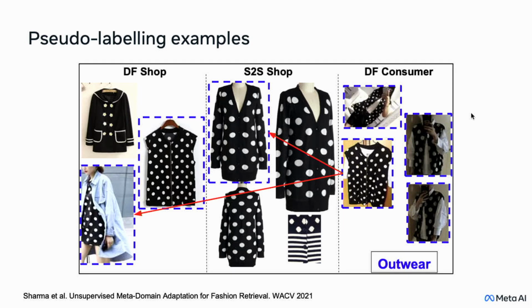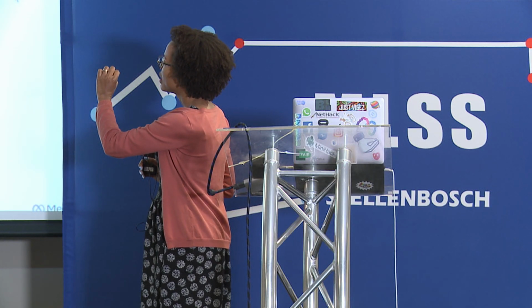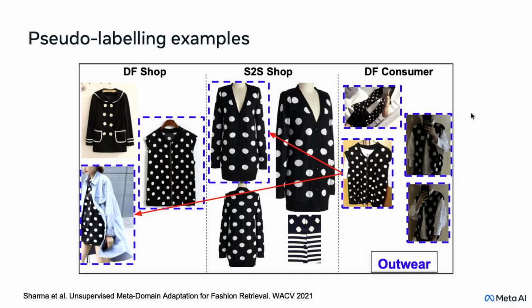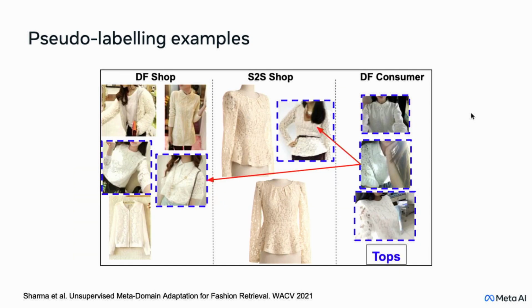You can see that these clusters are not the same item, but they're close enough that they allow you to get a slightly better representation than you would if you were just using the source data alone. And that's just another example here. The idea is that the similarity it's learning, the clusters it's learning, are kind of meaningful, right?